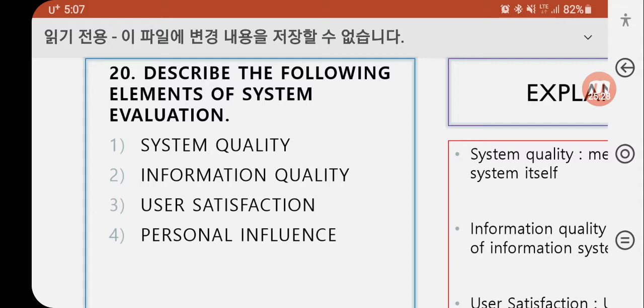In fact, I introduce the elements of system evaluation as 6 elements.